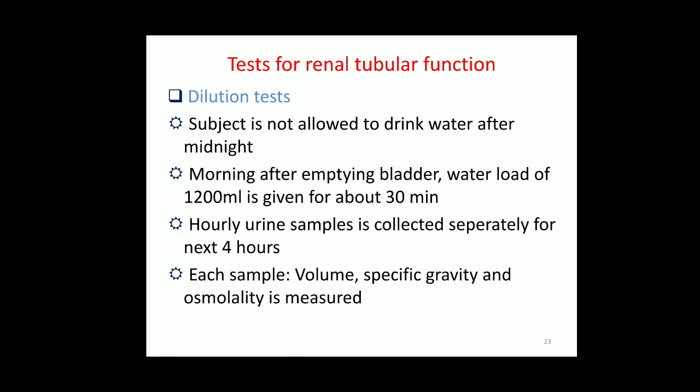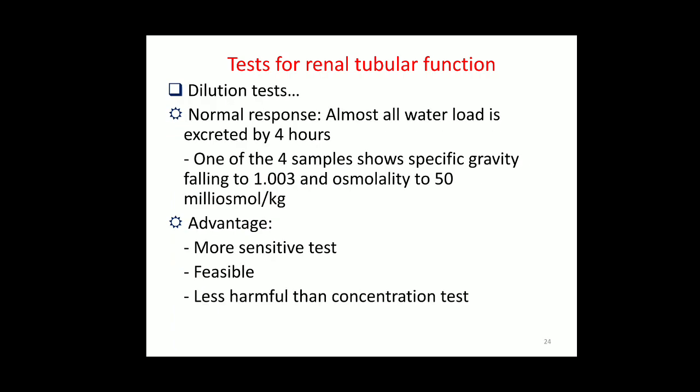Then dilution test. For the dilution test, the patient is not allowed to drink water after midnight. In the morning after emptying the bladder, a water load of 1200 ml is given over about 30 minutes. Then hourly urine samples are collected separately for the next 4 hours. Each sample's volume, specific gravity and osmolality are measured.